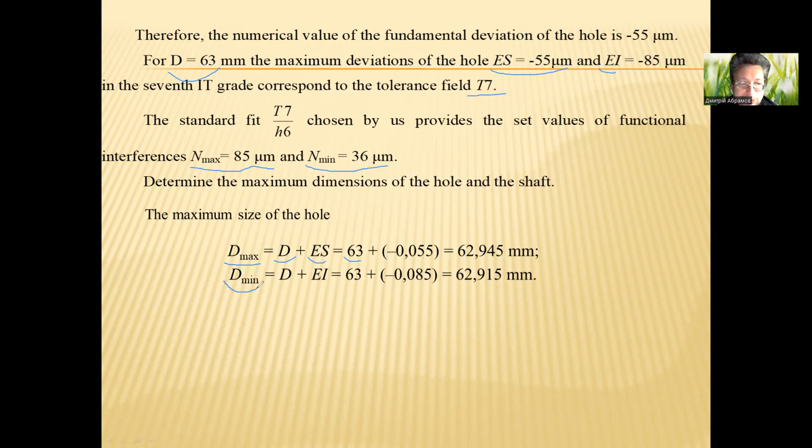The minimum size of the hole is equal to the nominal diameter plus the lower limit deviation of the hole. Nominal diameter 63 plus minus 0.085, and we have 62.915 millimeters.